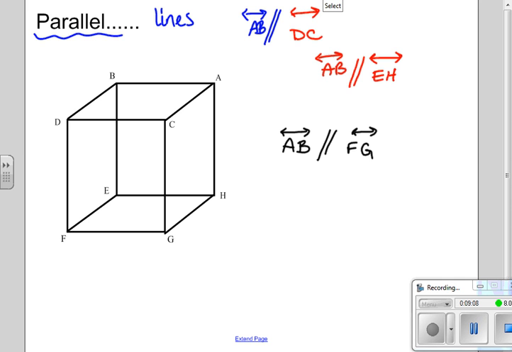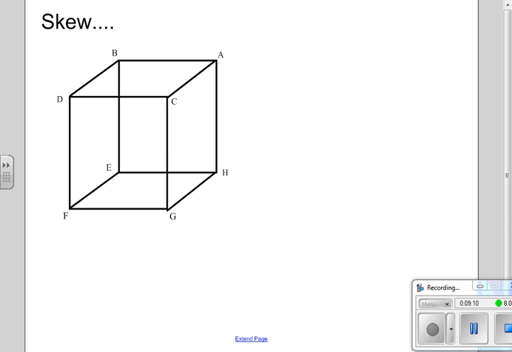Now what about those skew lines? Same box diagram. And you know what? I'm even going to start with the same line. So line AB, we don't really have a symbol for skew. Skew to or skew with.